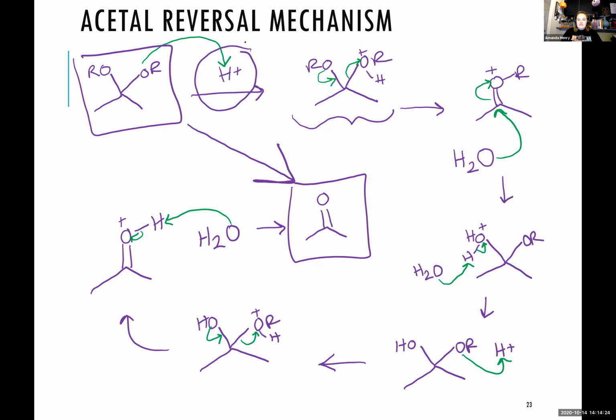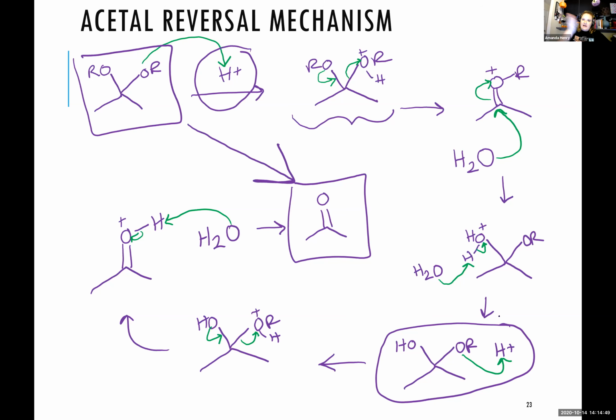If we are in a basic environment, everything is either going to be neutral or negative because we're in that basic environment. So that's something to keep in mind because, for example, if we're down here in this step and we thought, well, I need to get rid of that OR group, and you lose that OR group, well, now you've just made a negative OR as a leaving group.